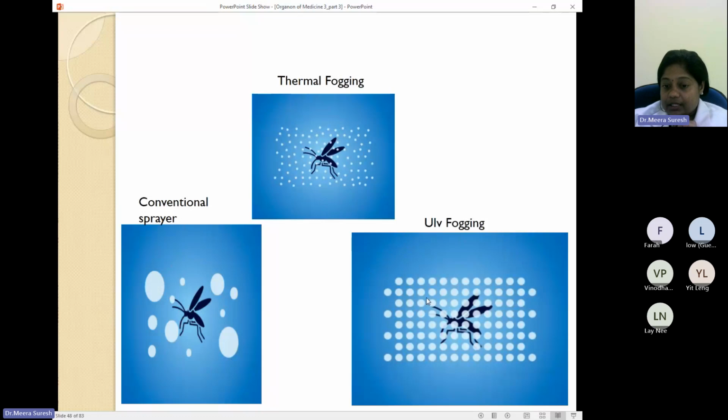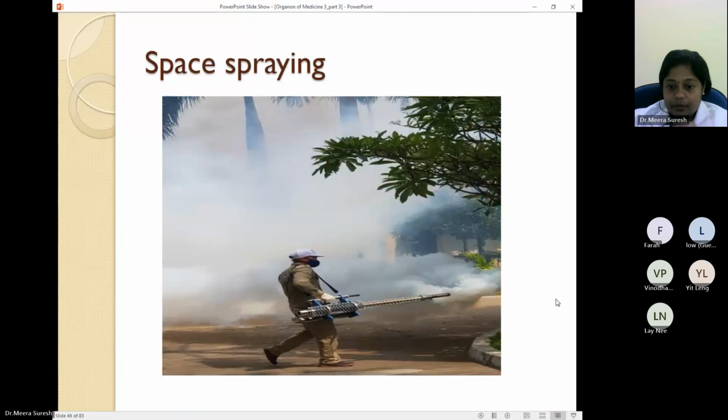So you can see the droplet size being very ideal, and it is not going to leave any exhaust gas for a longer time. So even ideal for indoor usage. So it is the ULV fogging which is very ideally used nowadays. This is the space spraying where they need a special type of instrument, the nozzle, etc.